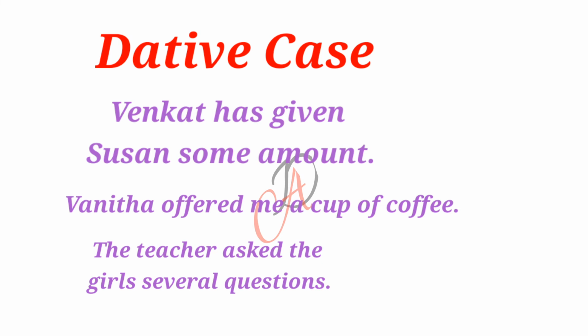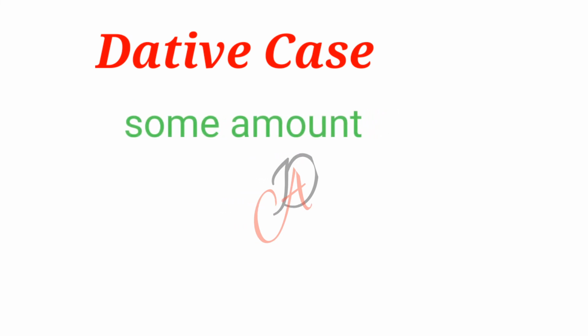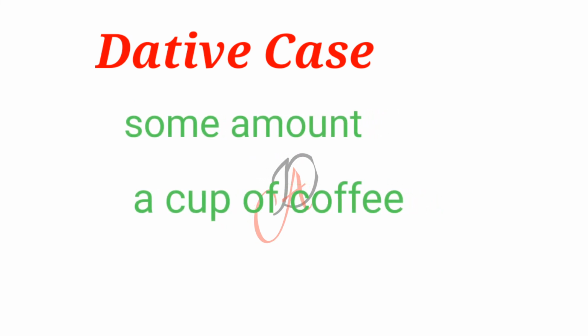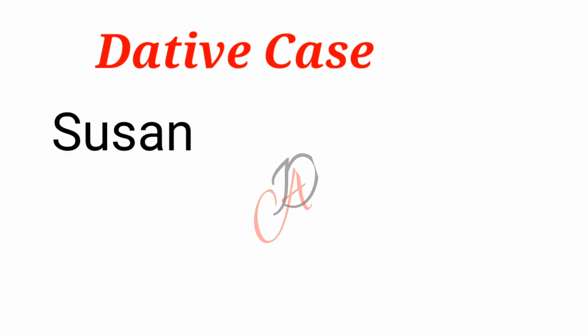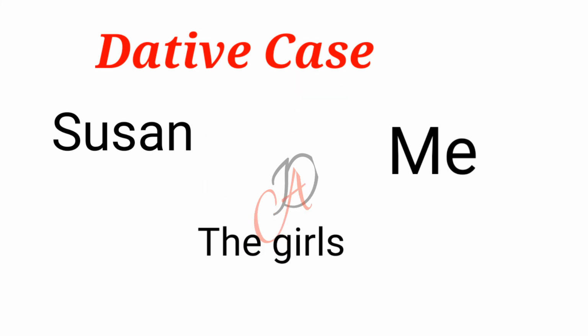When we look at these examples closely, we notice that all the examples have two objects, that is, direct and indirect. Some amount, a cup of coffee, and several questions are direct objects, whereas Susan, me, and the girls are called indirect objects, which are said to be in the dative case.